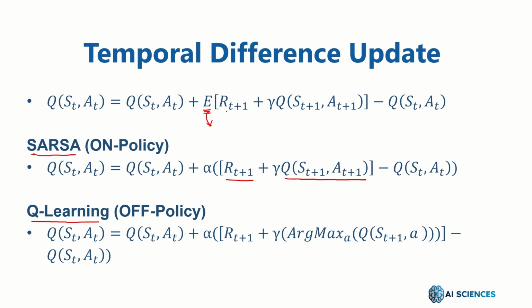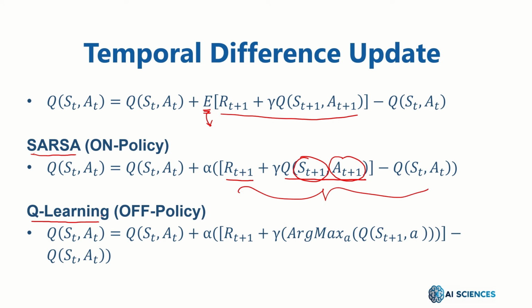So we remove this expectation and use this as an estimate. One simplification is that. Further, if there is a policy, then at state St plus 1, we have to sample a particular action with respect to that policy, and then we do our temporal update.